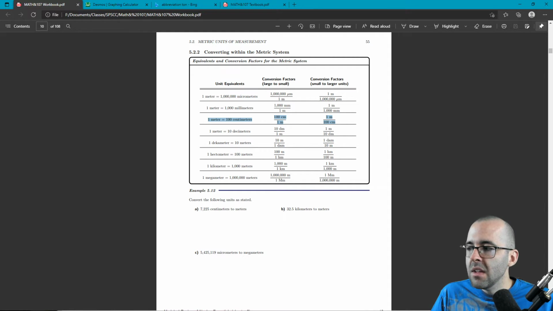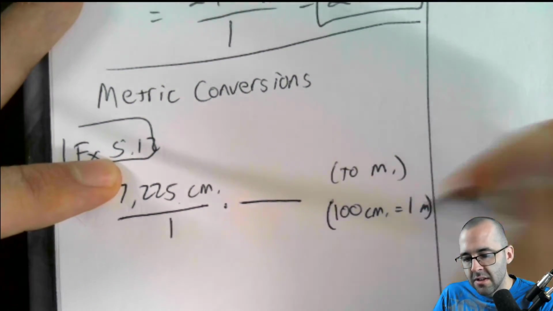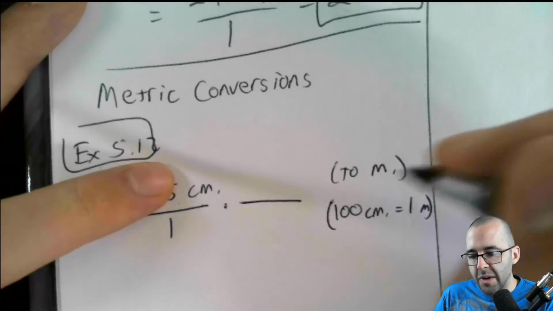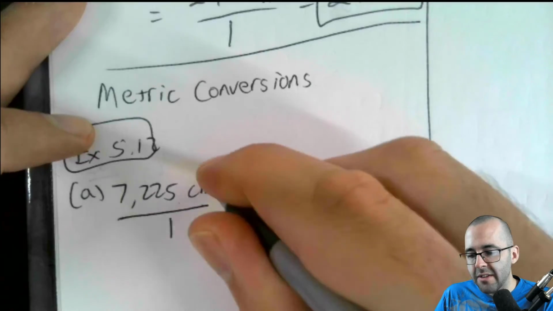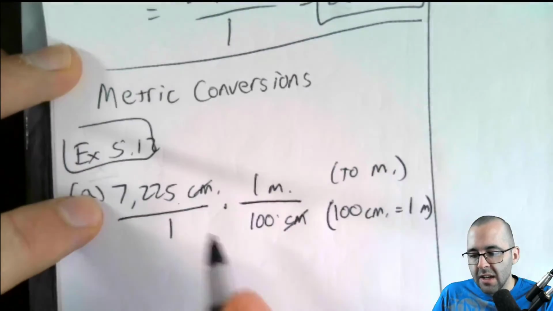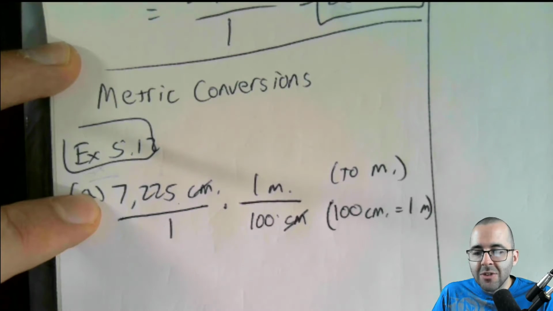So 100 centimeters is 1 meter, and we can do it the exact same way as before. We'll put centimeters on the bottom so that the centimeter on top cancels with the centimeter on the bottom, meters on top. And we just have 7225 divided by 100. This is why the metric system's nice. I don't need a calculator here.